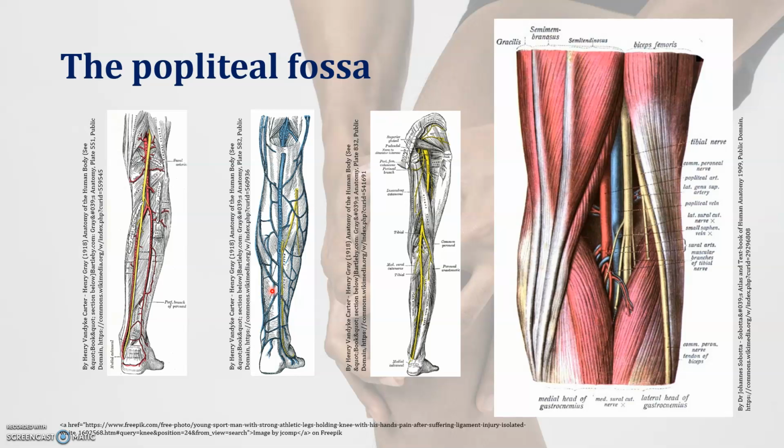The main nerve that traverses the popliteal fossa, which is this picture here, is the sciatic nerve.